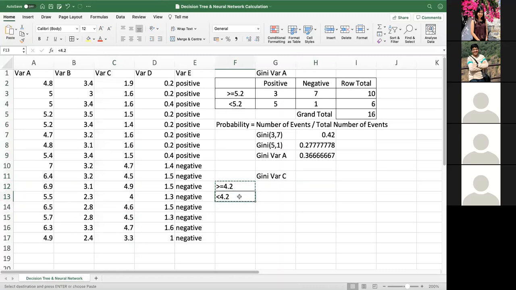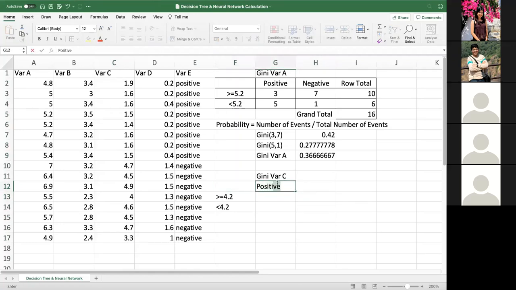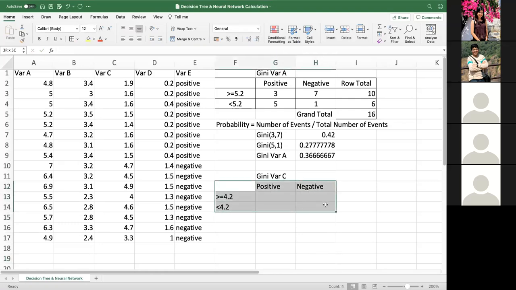Control X, Control V, because we have to put what we call positive and negative. Positive and negative, and we will create the box.